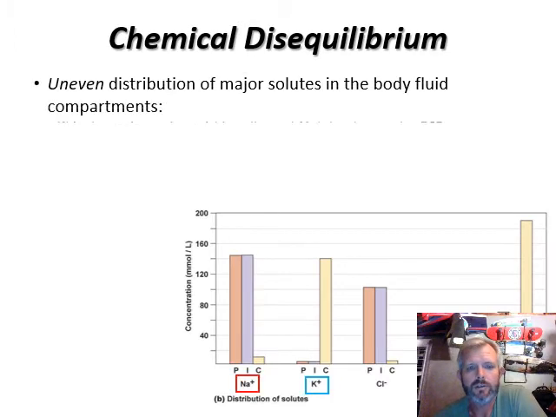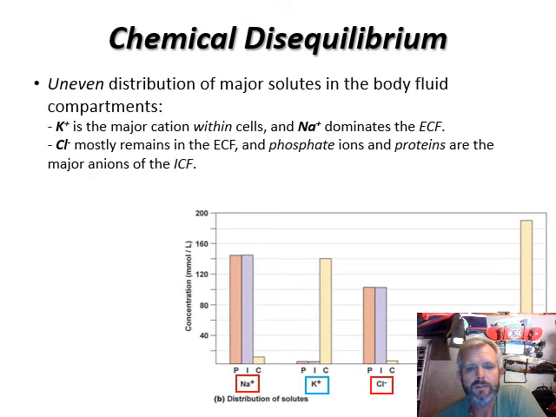So let's take a closer look at our differences in ions, our chemical disequilibrium from inside and outside the cell. Two columns we're really looking at: the I is actually the extracellular, the ECF, I for interstitial, and C is cellular, so the ICF, intracellular.